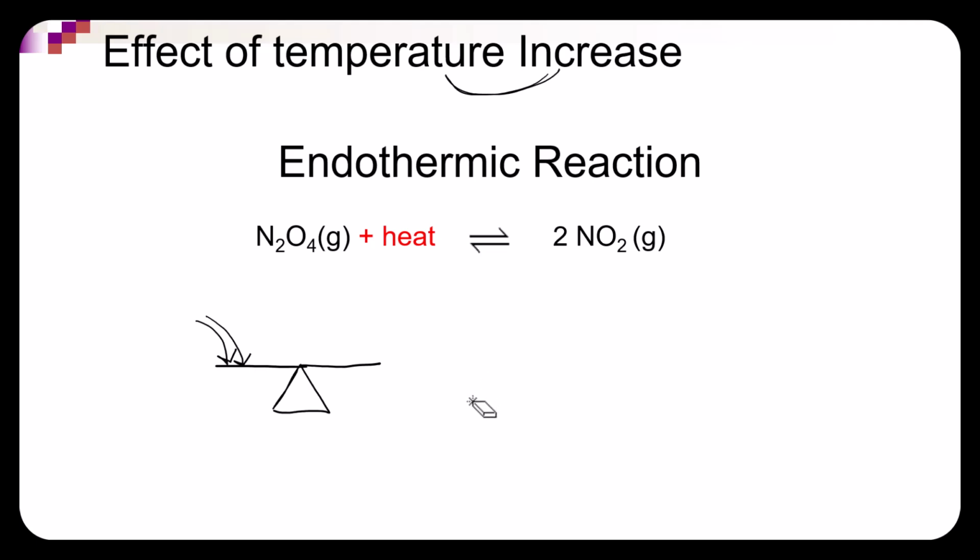That's going to cause the reactant side to feel stressed or get heavy. And so to alleviate that stress, this reaction is going to push towards the products. So adding heat to an endothermic reaction is going to cause it to push towards the product side.